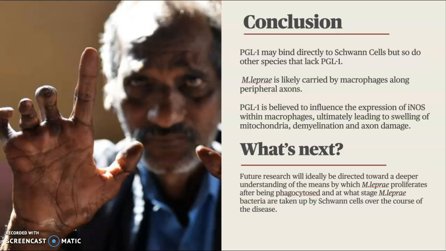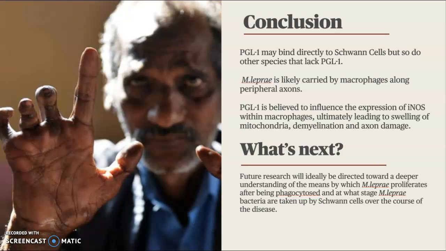And she was able to successfully show that they're carried by macrophages. And this was, in my opinion, and of course, I think in everyone else's, very groundbreaking with regards to understanding how M. leprae affects and arrives at peripheral tissues.